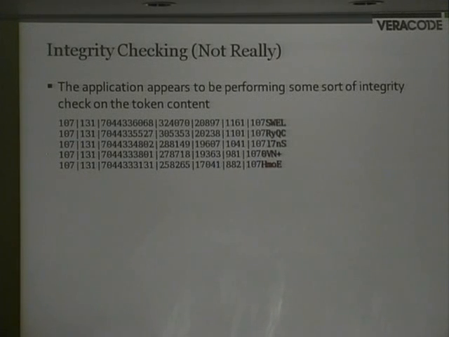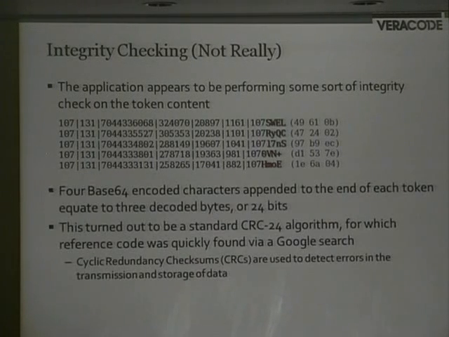So then we looked at the token a little bit more and realized that at the end it was not numeric, it was actually 4 bytes of base 64 encoded. If you base 64 decode it, that's what you get in parentheses.